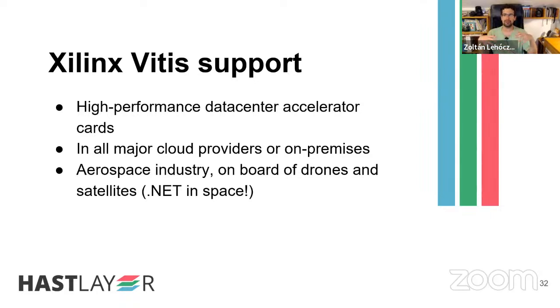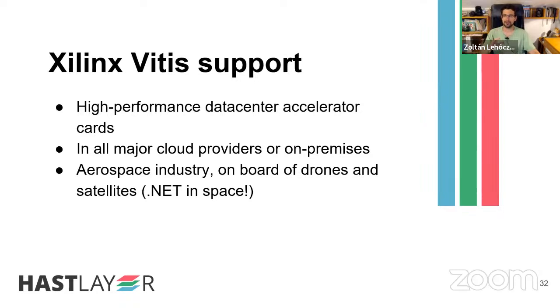Those are huge FPGAs, very expensive and very fast. And these are available in pretty much all major cloud computing providers: Azure, AWS, Baidu Cloud, and smaller clouds as well. And you can use them in your own data center, on premises, in your home PC even, as well.